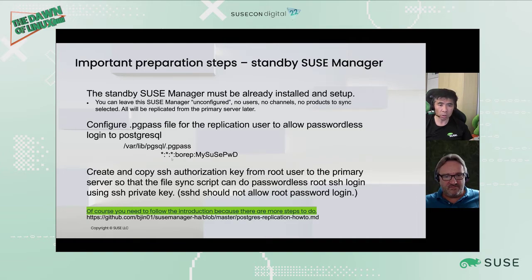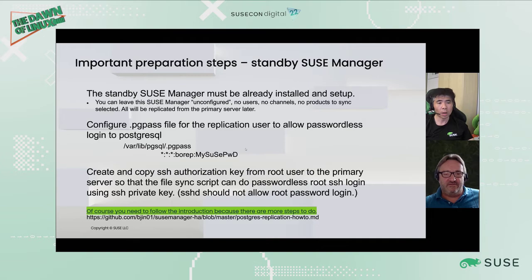The third is for the database, and we use asterisk for any database. Then comes the username. In my case, it's rep, which is the name of the replication user, then a colon, and then the password for the user. With that, the user will be authenticated to the Postgres database on the primary SUSE Manager server.